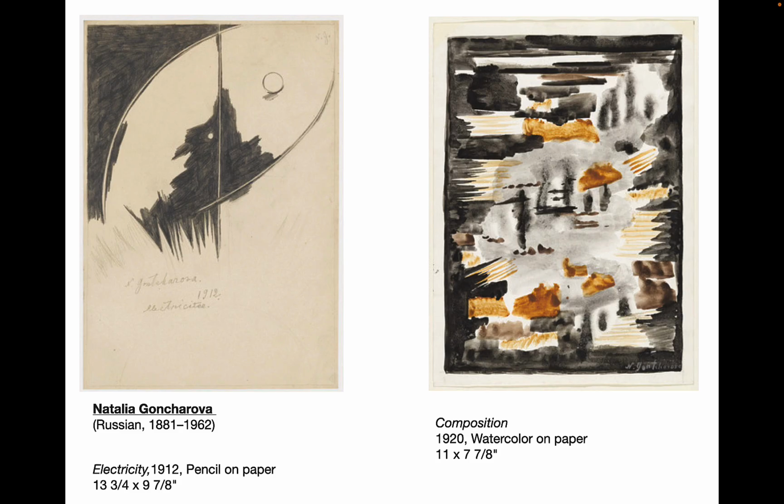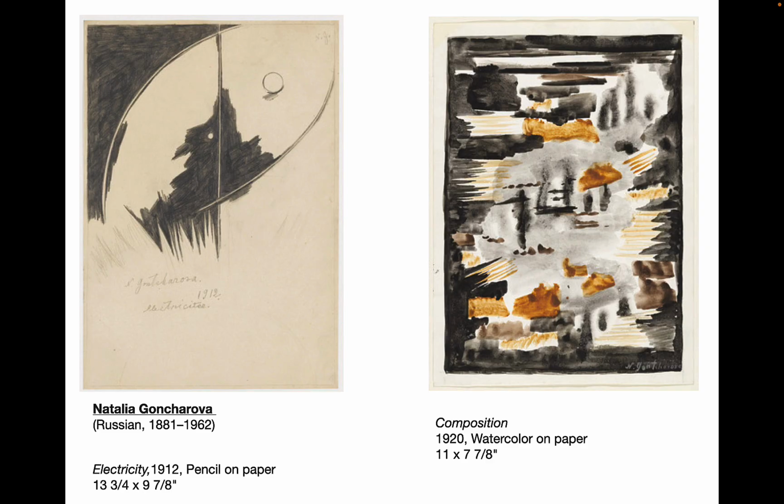This is Natalia Goncharova, a Russian artist, and these are non-representational. They're not representing anything that we see in our observable reality. I can't make out anything, and maybe you can.